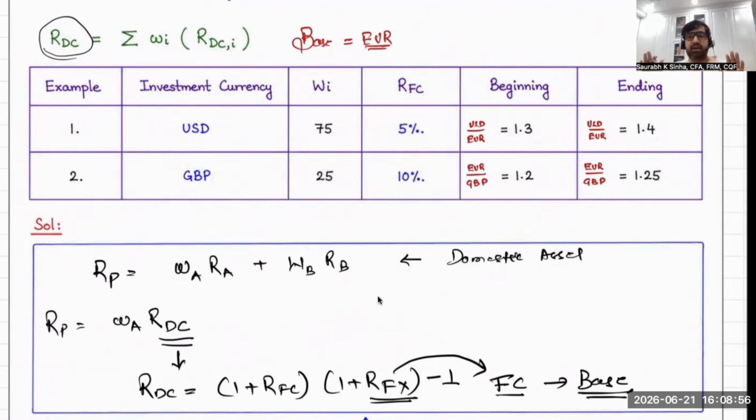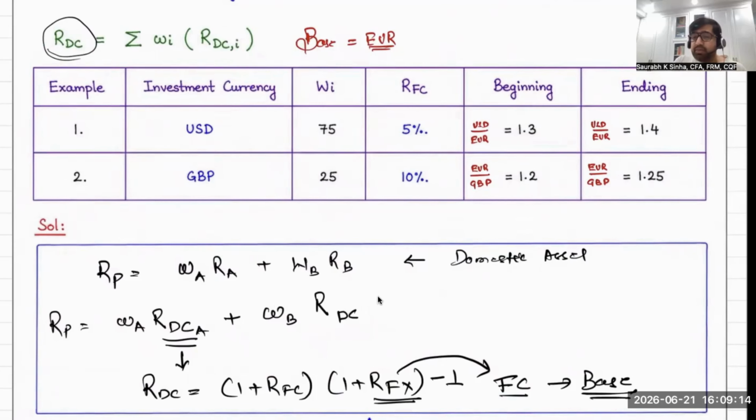Otherwise, I cannot use the formula because the appreciation and depreciation would be different. Okay. Plus, the weight of the second currency asset in the portfolio, times the return of the second currency in terms of domestic currency, not the foreign currency. So again, I have to apply the formula.